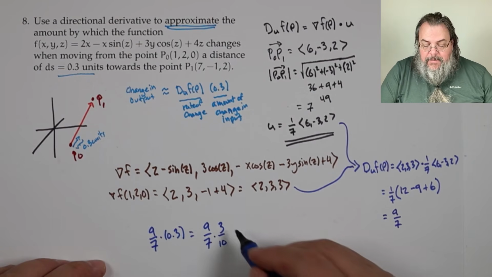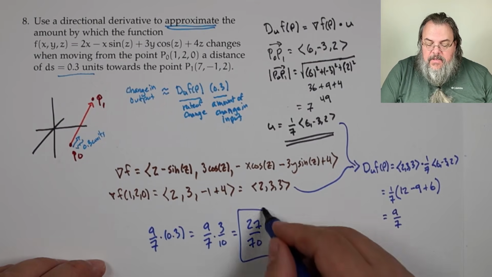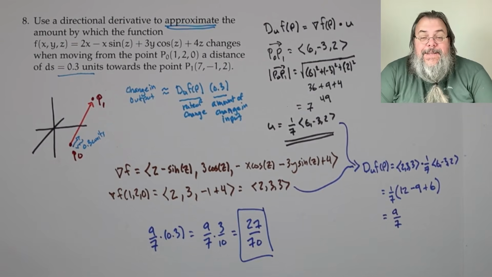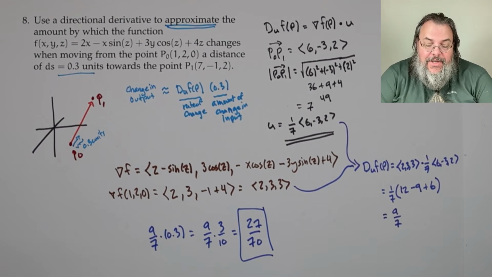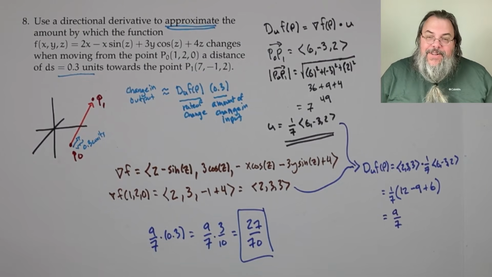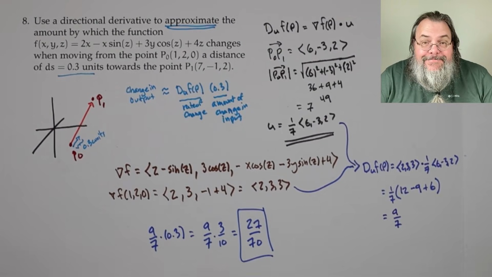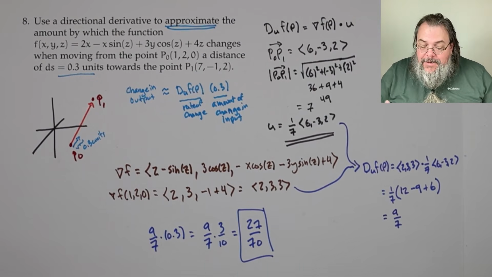We can write it that way. We end up with 27 over 70, and there's nothing in common, so there's the answer. That's the amount of change. It's an approximation to how much the function will change as we move in that direction.